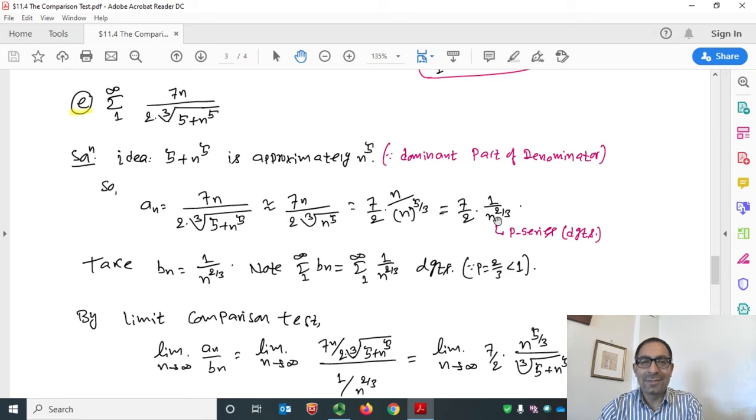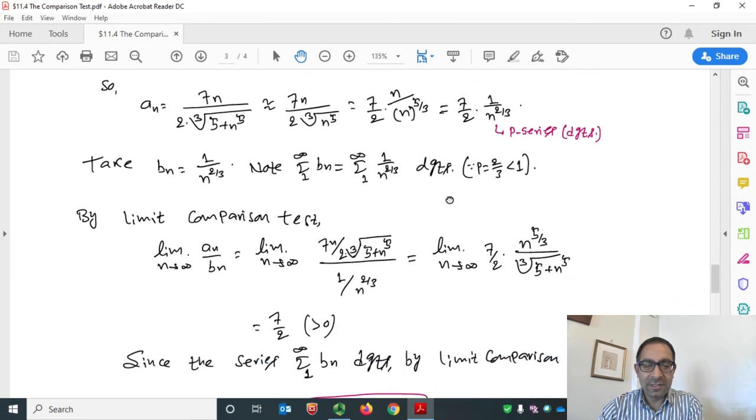We know the series 7 over 2 summation 1 over n to the power 2 thirds is a p series. P equals 2 thirds, less than 1, diverges. So take bn equal to 1 over n to the power 2 thirds. We already mentioned this series diverges.